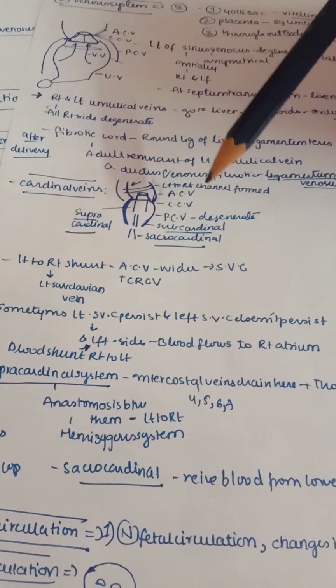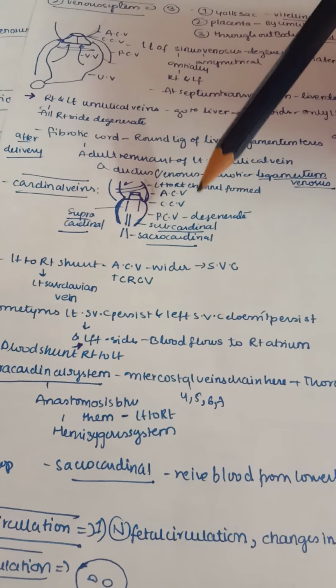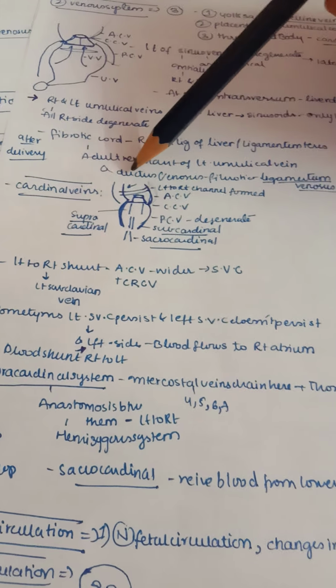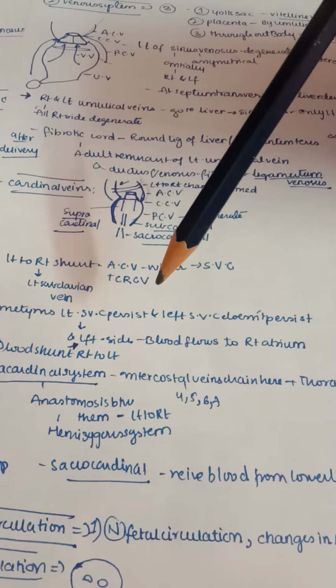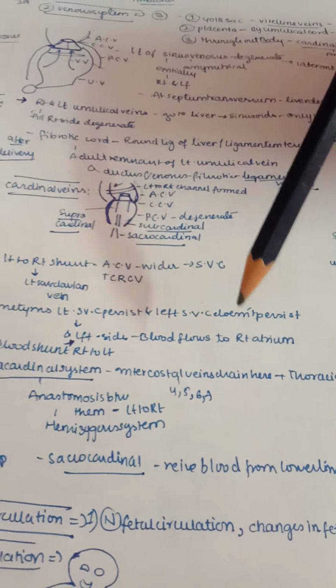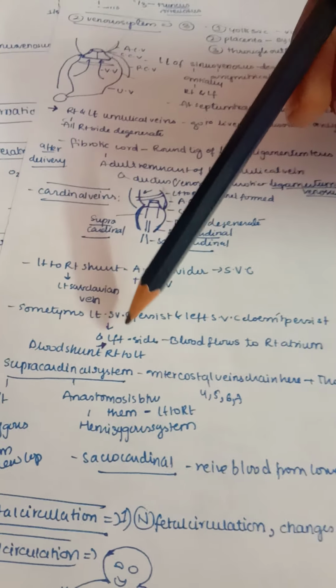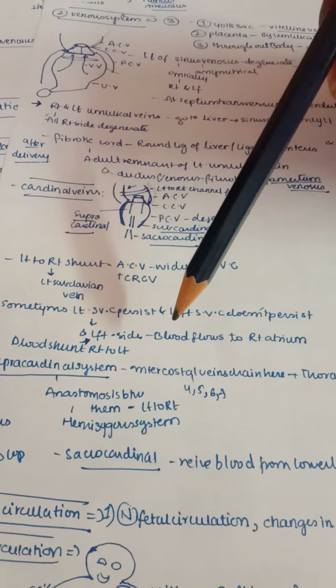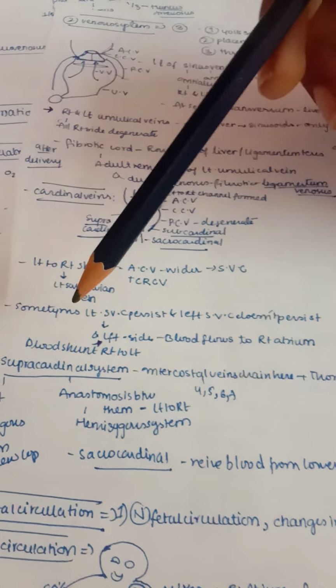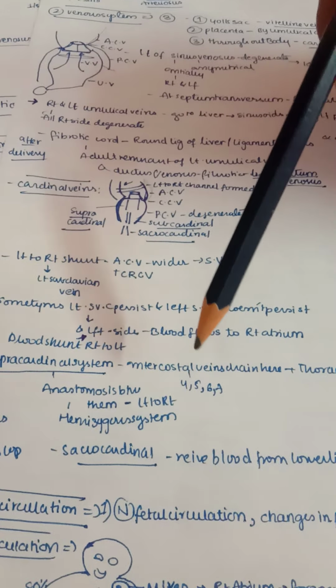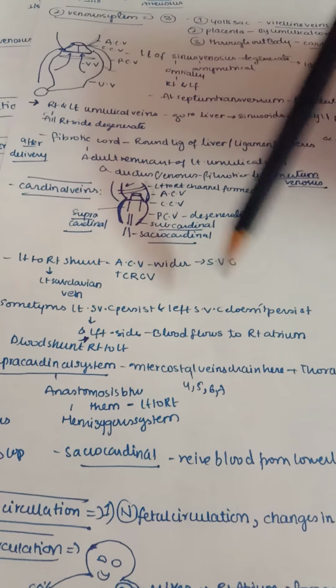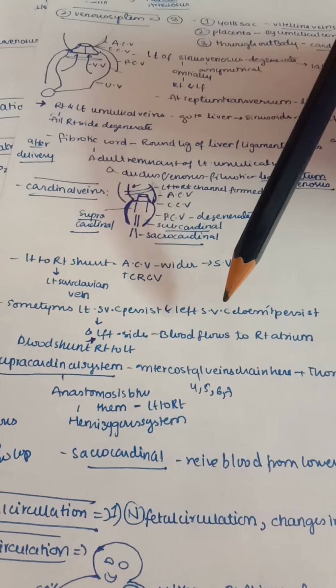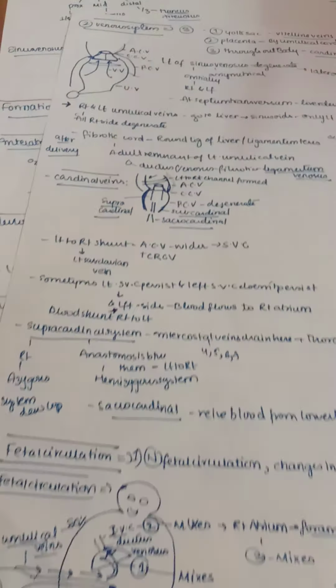Sometimes the left side of the superior vena cava may also persist. Actually only the right side should persist, but sometimes the left side also persists, and sometimes the left superior vena cava doesn't persist. On this left side, the blood flows to the right atrium, and the blood shunt is now from right to left. Actually it should be from left to right, but when the left superior vena cava is present, then the blood shunts from right to left.